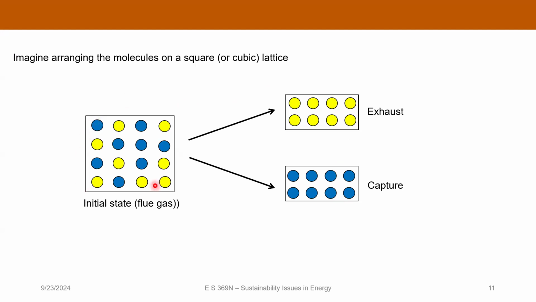And we will simplify this problem by arranging these molecules on a square lattice, because that will actually allow us to calculate the allowable number of configurations in the system. It's a simple probability problem at this point.